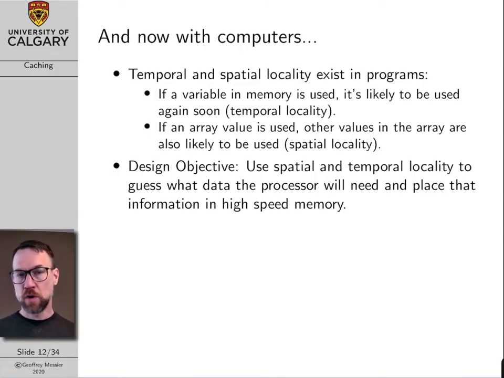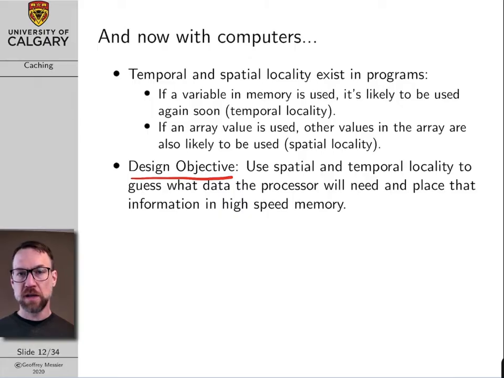If we're working with one value in an array, chances are we're going to want to do some kind of operation with its neighbors as well. And these notions of temporal and spatial locality have been verified by software engineers that have studied memory accesses.